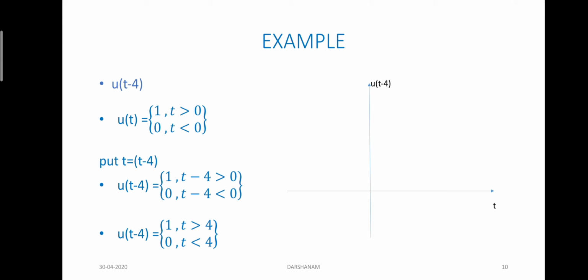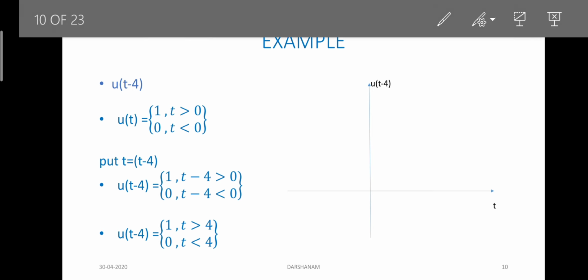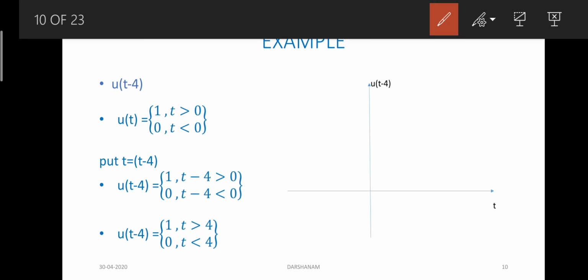u of t minus 4. We can use the same technique as we used earlier, that is, take u of t is equal to 1 for t greater than 0, that is the unit step function's equation. Put t equal to t minus 4. 1 for t minus 4 greater than 0 and 0 for t minus 4 less than 0.